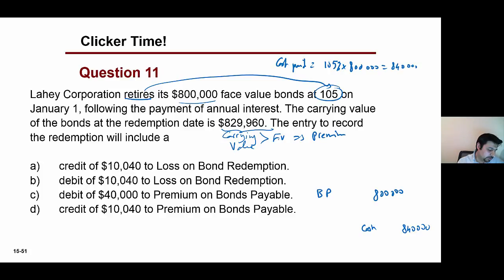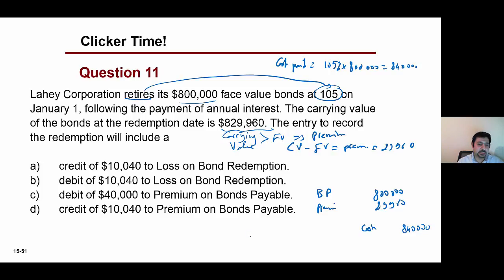So the difference between this amount, so carrying value minus face value, will be equal to the unamortized premium. In this case, it is 29,960. So the company will also debit premium 29,960.